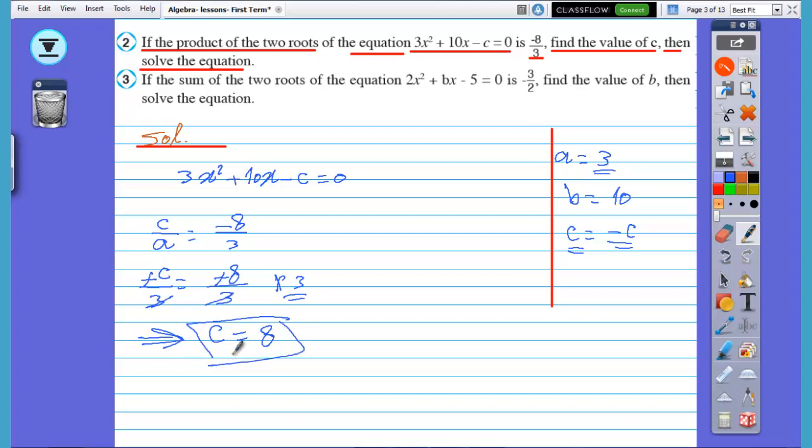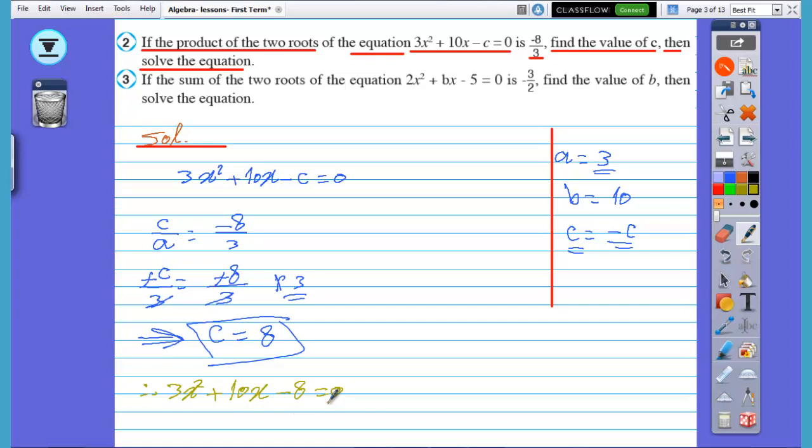Okay, now the equation will be 3x squared plus 10x minus 8 equals 0. We calculated c equals 8. So the new equation will be 3x squared plus 10x minus 8 equals 0.